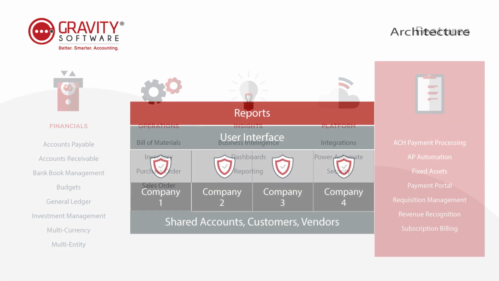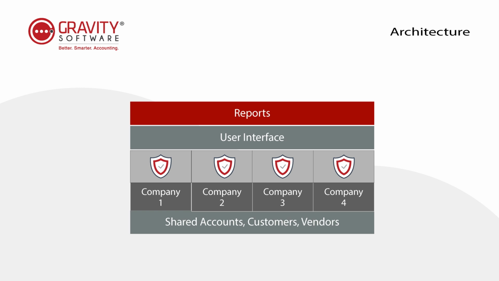But I want to dive into a few of the core features of Gravity. So, our architecture of how we handle companies: a lot of accounting systems will keep each company as an island independently, which means if you have 10 companies, you have 10 charts of accounts. You may have the same vendor in there 10 times.